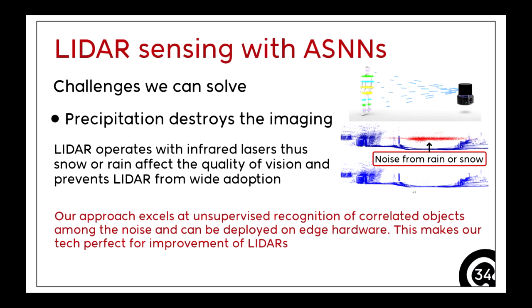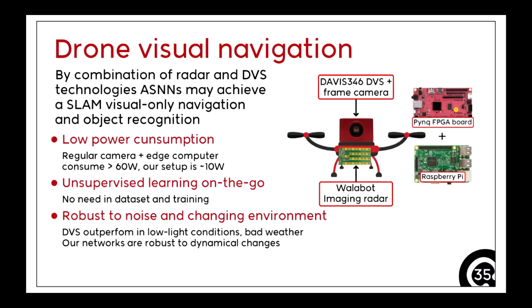With adaptive spiking neural networks, you can just run the network, and it will automatically learn to recognize stable patterns and correlations in time series inside of the data, but it will ignore the noise data, like noise from the rain. Okay. We can even build a complete model of the control of drone visual navigation with radars and visual cameras. It's one of the projects which we will initiate.